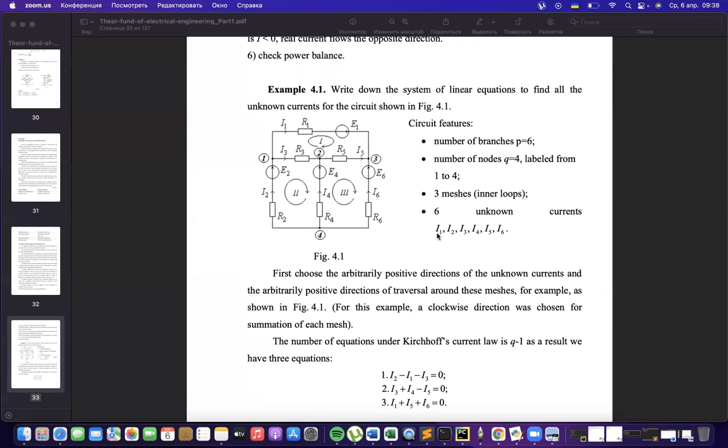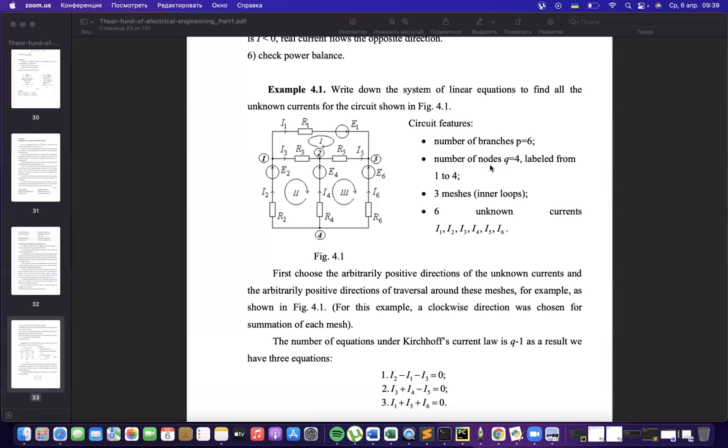If we have 6 unknown currents, then we have to make a system from the 6 equations. How could it be reached? We are writing the second Kirchhoff law for the meshes, and we are writing the first Kirchhoff law about currents for the nodes.